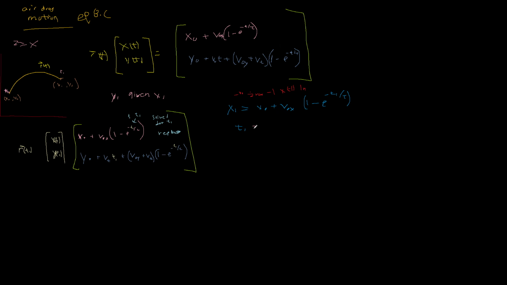So when we solve for t1, we are going to get negative tau times the natural logarithm of x1 minus x naught over v0x.